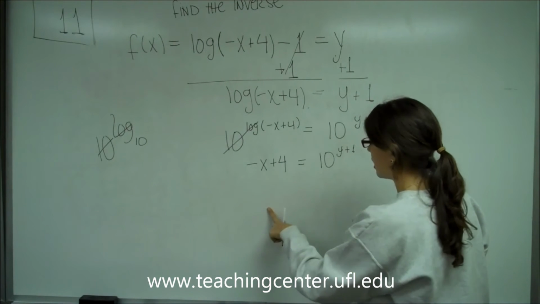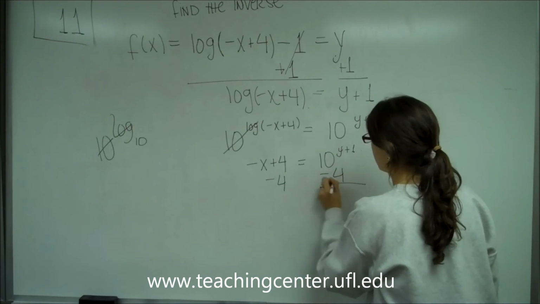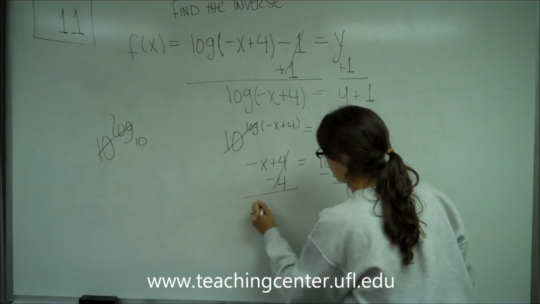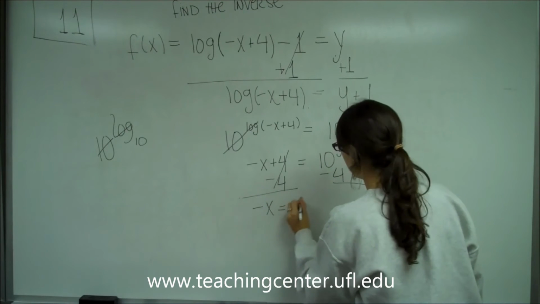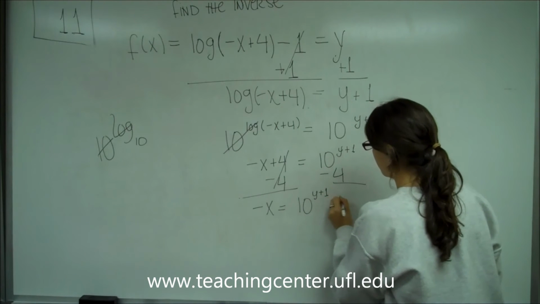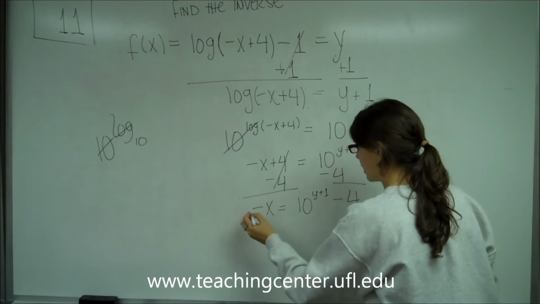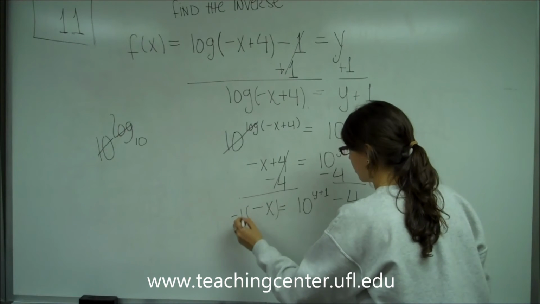So to isolate x, I'm going to take away this 4 here by subtracting it so that it cancels and I get negative x equals 10 to the y plus 1 power minus 4. And now I'm going to get rid of this negative by multiplying each side by negative 1.